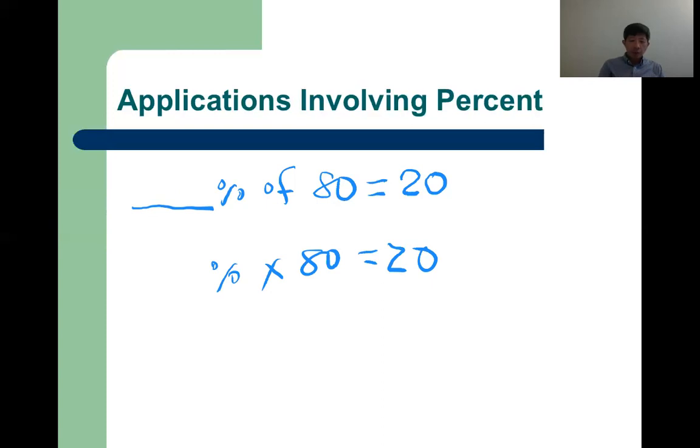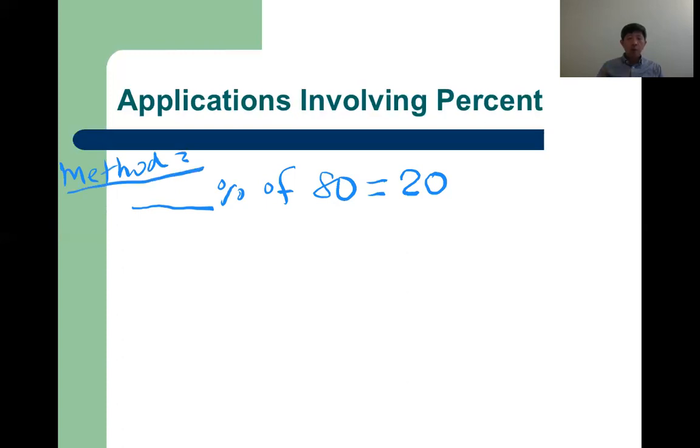Now I'm going to show you method two. A different method, okay? So here I will label: because this is a percent, this is the part.